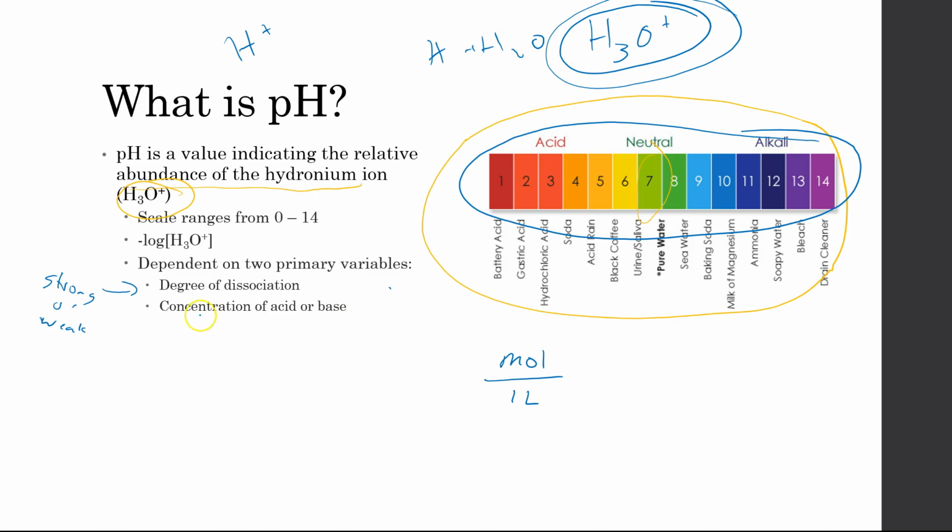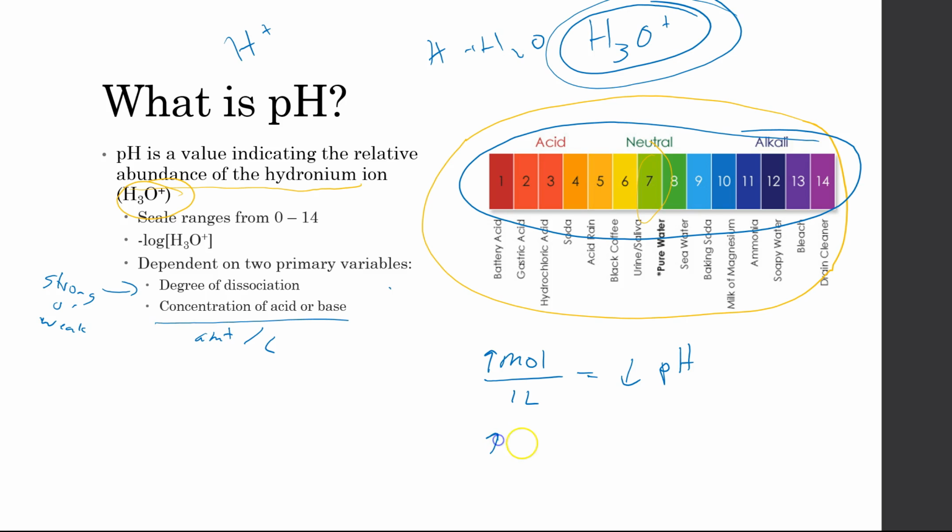But also how much I put in per liter, or the number of moles per liter. So the concentration, like how much material there is in a liter, that's often referred to as molarity, right? And we define that as moles per liter, like I said. So if I increase my moles per liter, that's going to result in a decreasing pH, right?